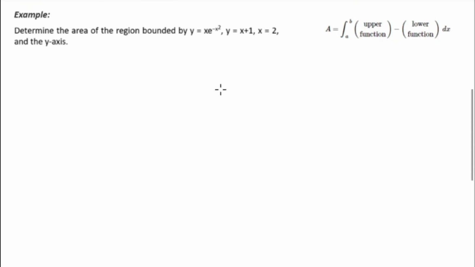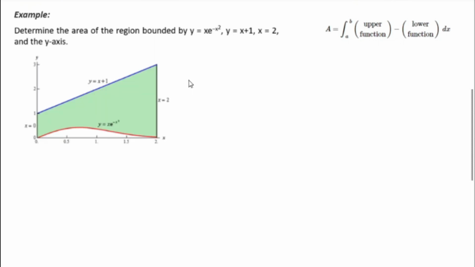Graph the equations. We have the curve y equals x e to the negative x squared, and y equals x plus 1, which is a straight line, bounded by x equals 2 and the y-axis.